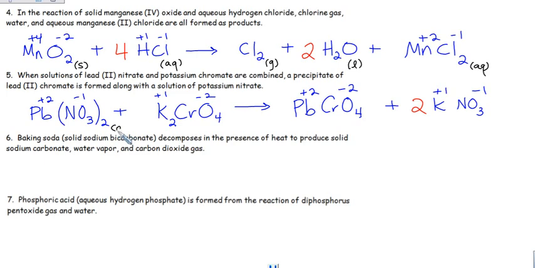These are solutions of lead nitrate and potassium chromate. A precipitate of lead chromate is formed. That's a solid formed from a reaction of 2 solutions. And my potassium nitrate is also a solution.